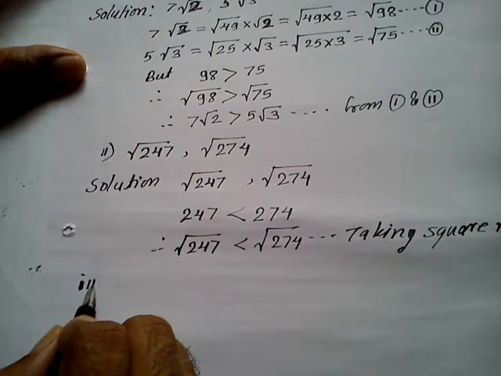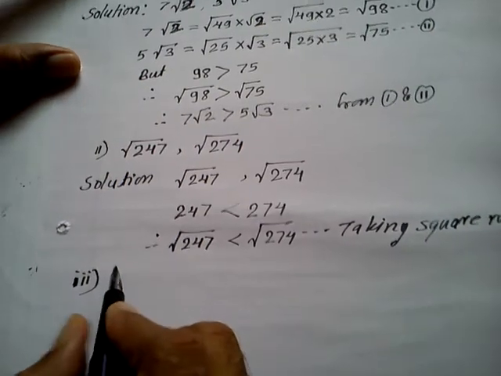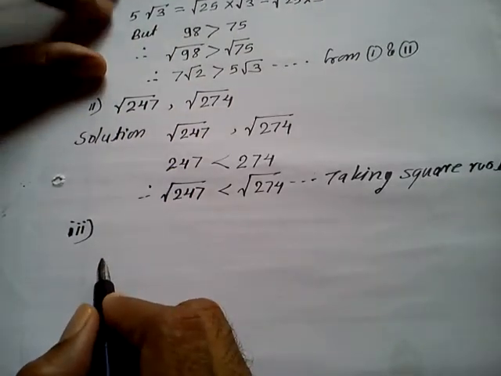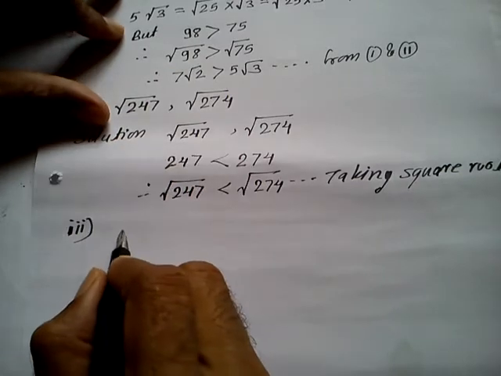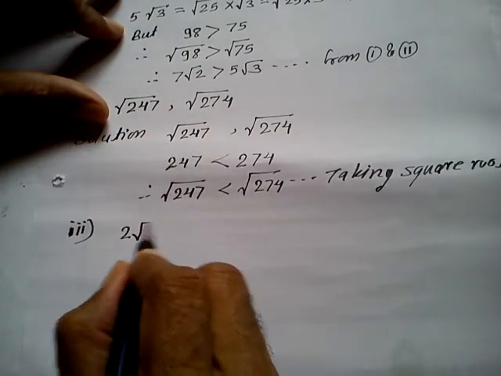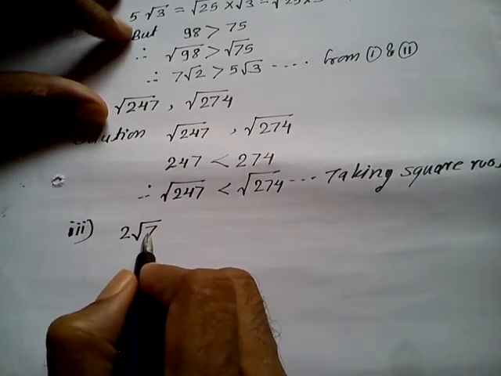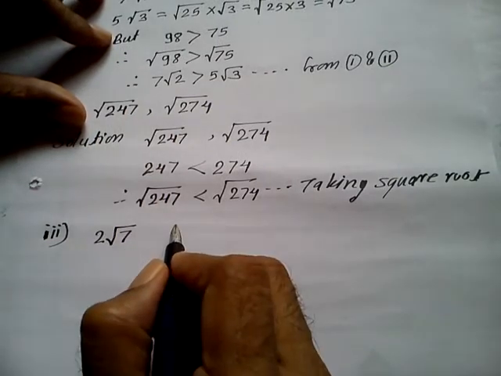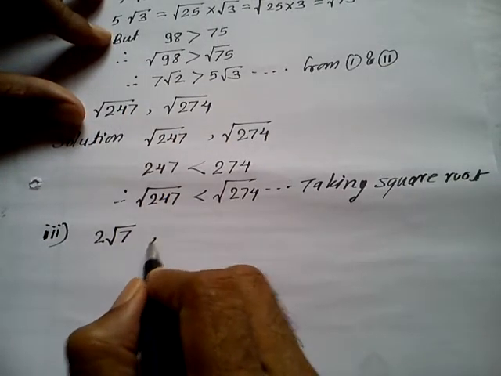Third example. What is the third example? See carefully. 2 root 7 and root 28.